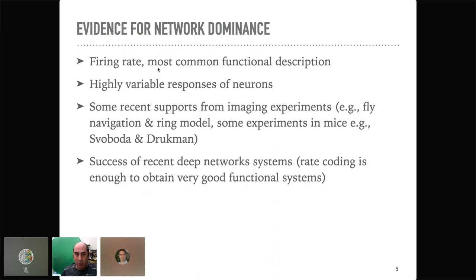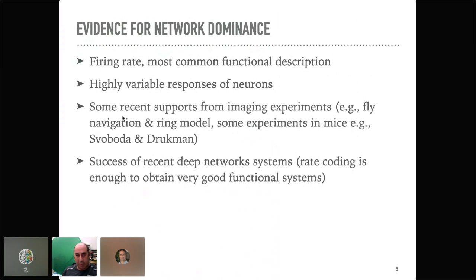And everywhere you look for the function of a neuron, if you stick an electrode in and present some stimulus or look for motor activity, you would see changes in firing rate, which works well with this idea of changes in massive activity of the network. The responses of a neuron to the same stimuli, even if you control the stimulus very well, are highly variable, which also supports this view of balance of excitation and inhibition.